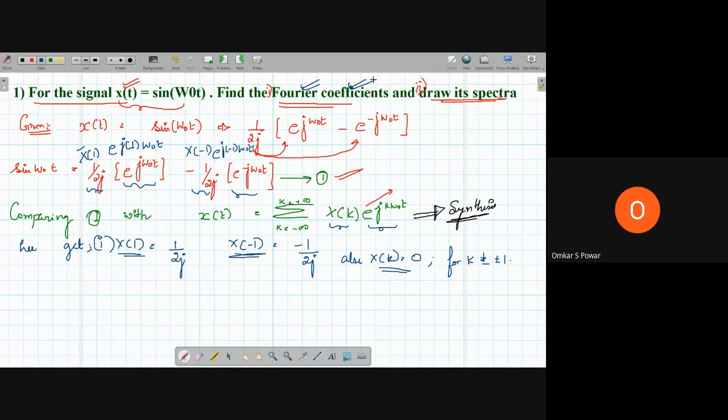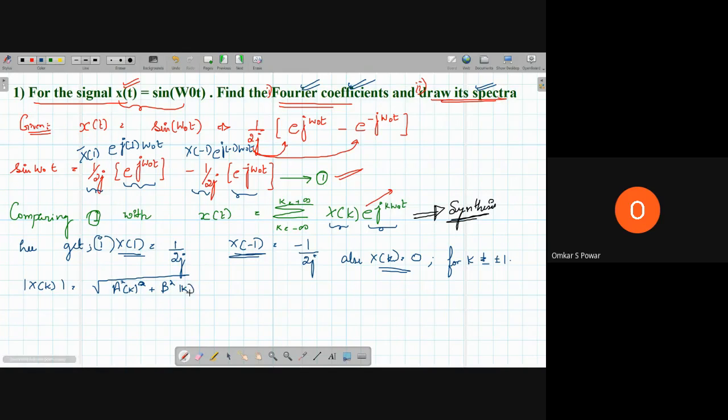Then what else do we want from here? We want the spectra: the magnitude spectrum and the phase spectrum. I told you how to write x[k]: the magnitude of x[k] is the root of a_k squared plus b_k squared.